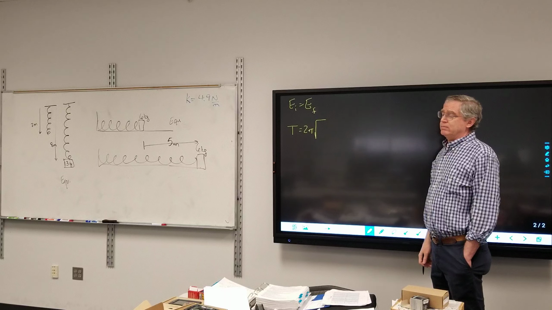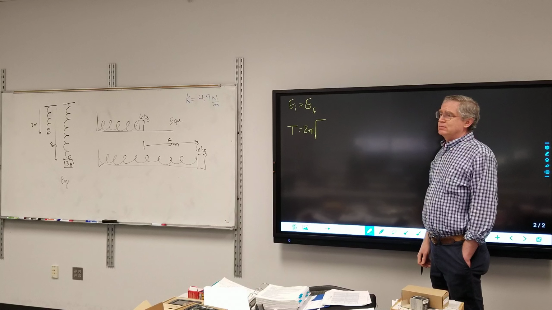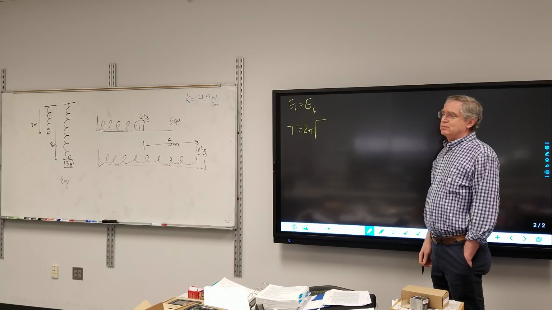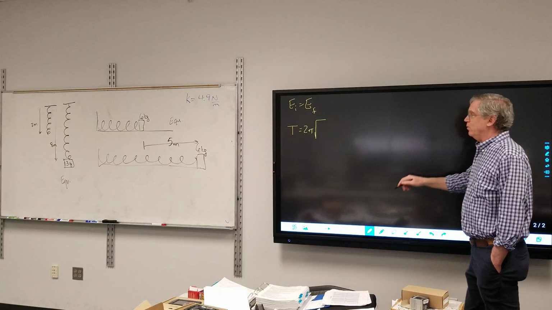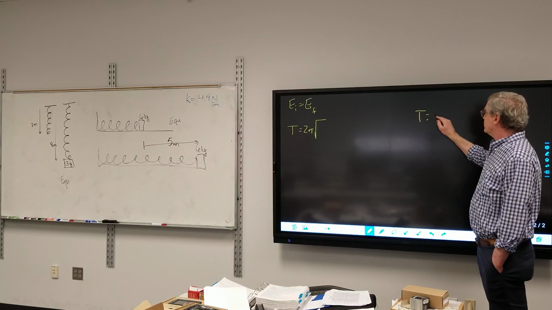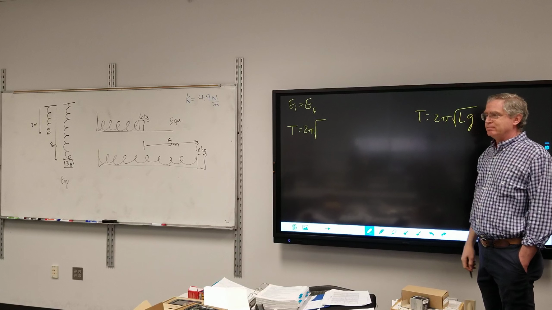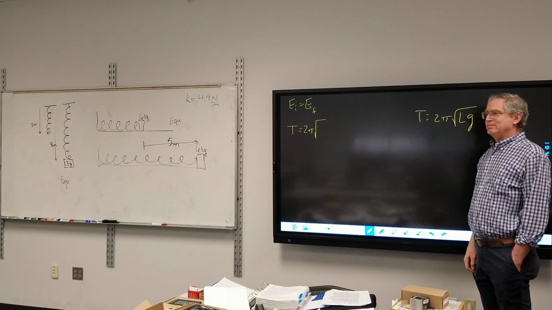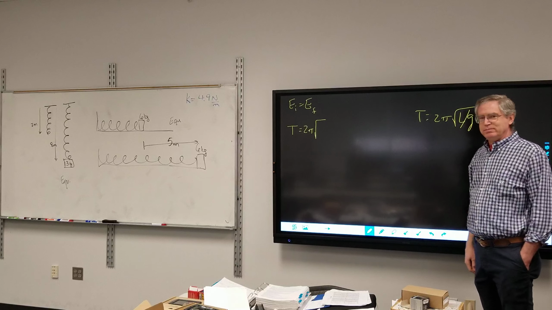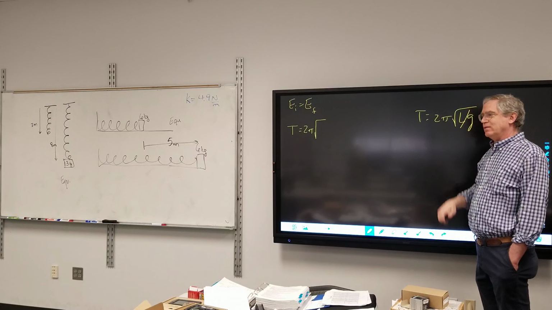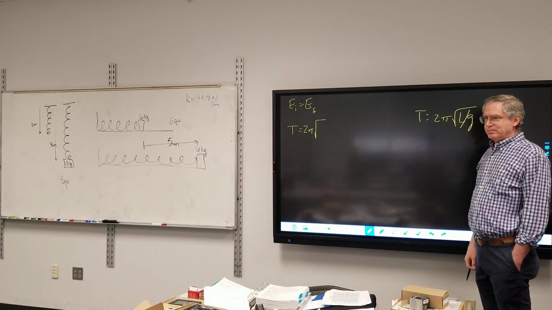There's two things wrong with it. All right, what I heard him say was use the formula T equals 2 pi square root L over G. All right, so that's one issue. What's the other issue? Why could this not be used here?